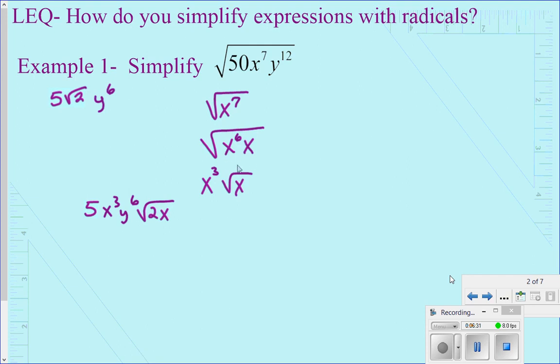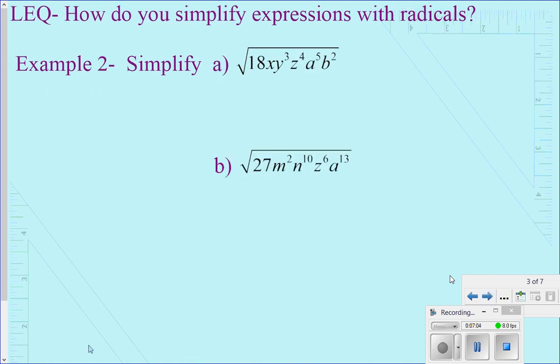When you break down and then rewrite it that way, it doesn't matter whether the exponent's odd or even, you'll never have absolute value around that. Because again, when I check the original 7 halves, that does not come out to an odd whole number. So I don't want to put absolute value around the x or the y, because that's not odd. So no absolute value in this one, just 5x cubed y to the 6 times the square root of 2x.